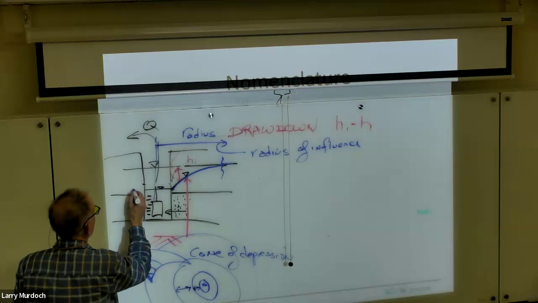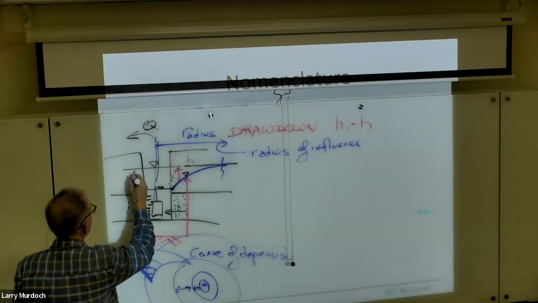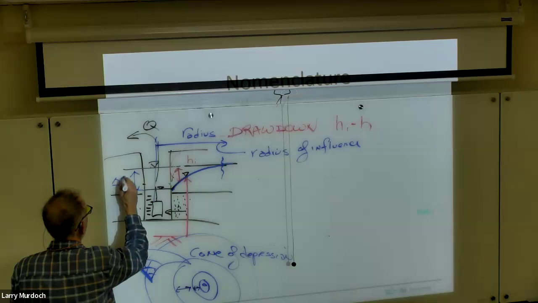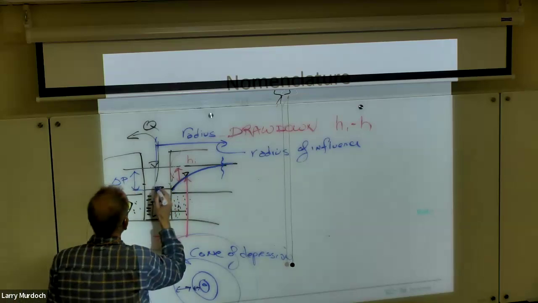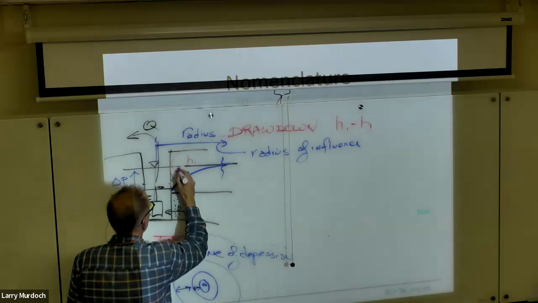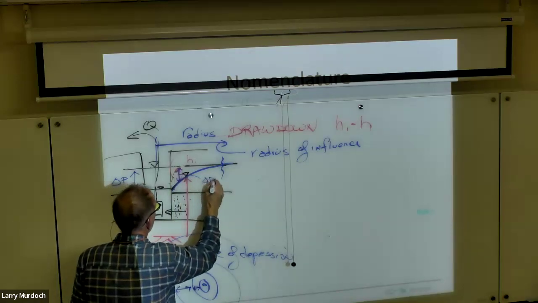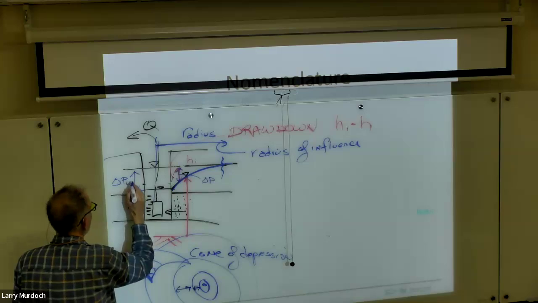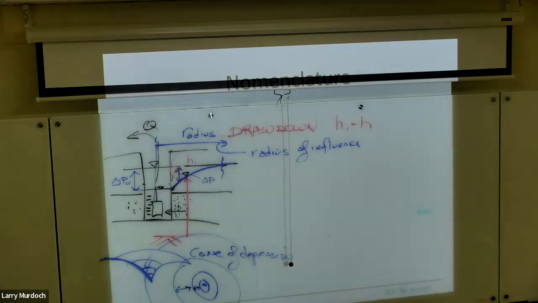Okay, so this is the drawdown in the well. I usually use delta P for drawdown. So this would be delta P, and this would be delta PW.